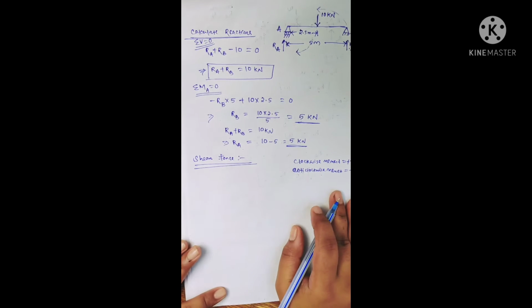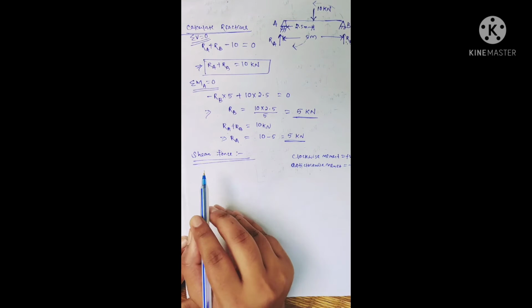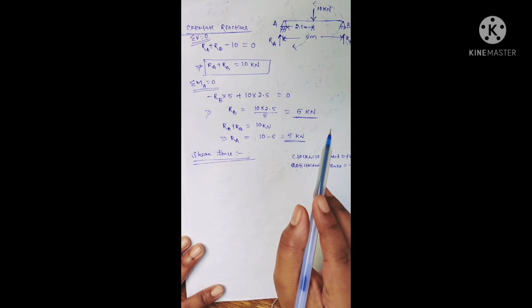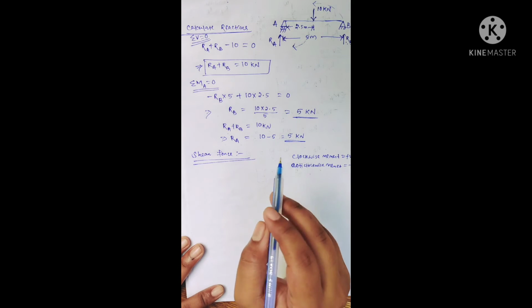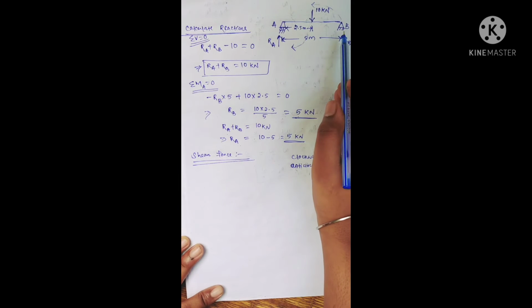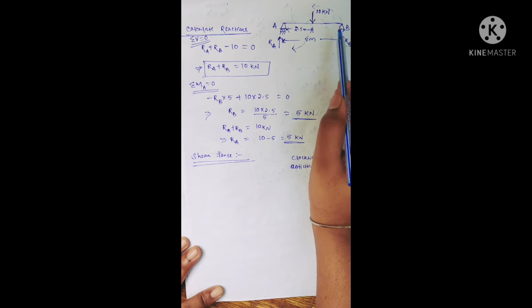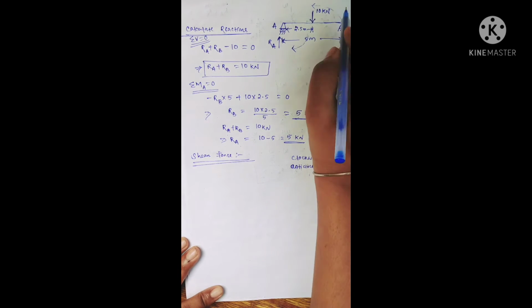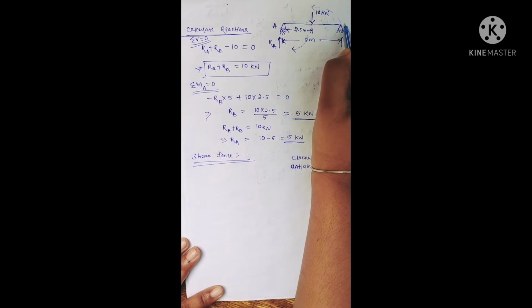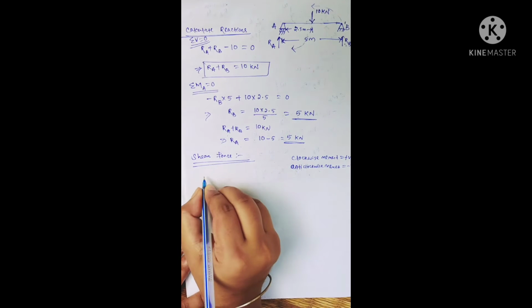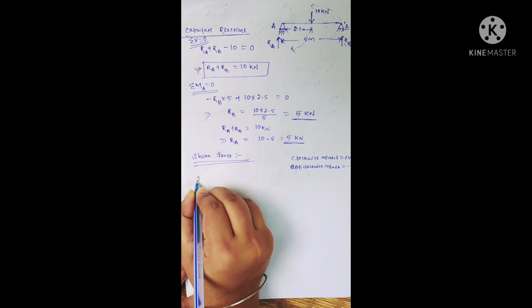One more thing, you have to calculate shear force at the left of the section and right of the section. If I start calculating shear force from the right of the section, you have to calculate shear force just left of the point and just right of the point. Here I will write it.